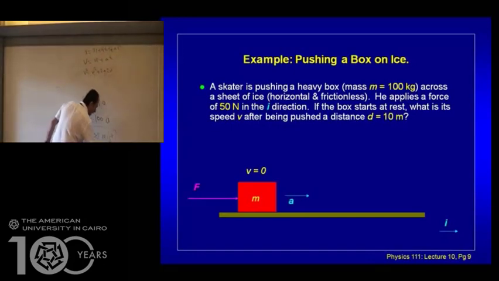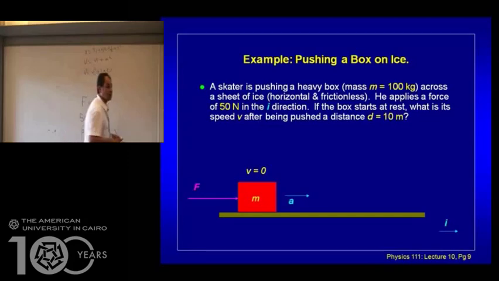Now, if we know the acceleration, we can simply plug it in here, putting delta x to be 10 meters, and v initial, because it starts from rest, equal to 0, then we can find v, and that problem is solved. Okay, guys?